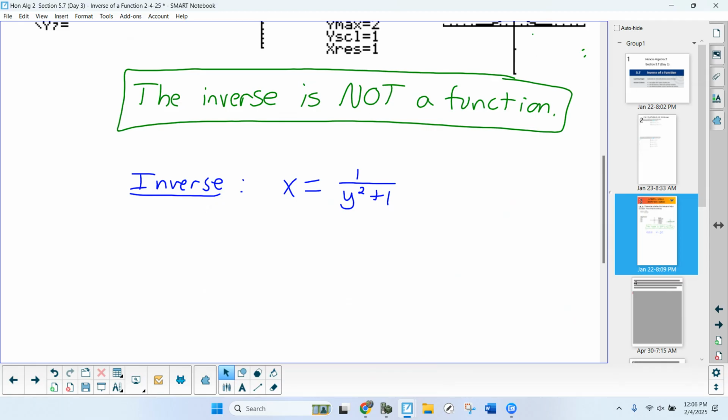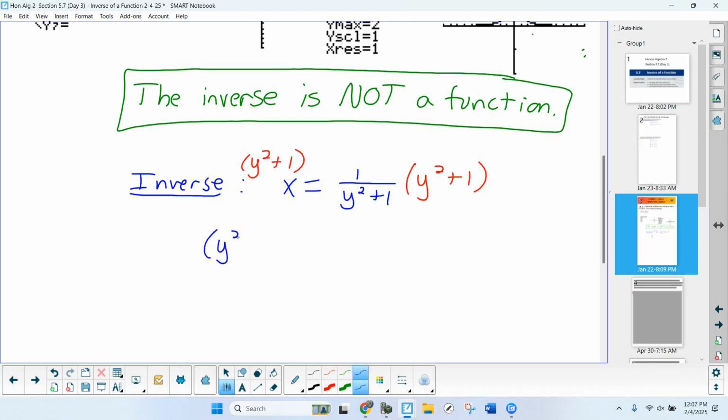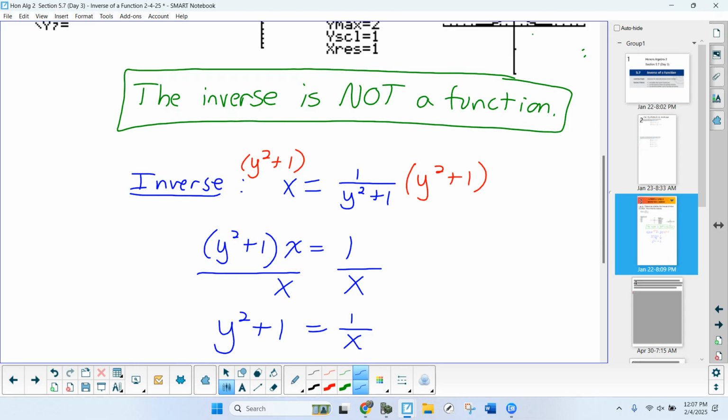I could multiply by y squared plus 1, and whatever you do to one side, you have to do to the other. So on this side, I get y squared plus 1 times x, and these cancel, and I get 1. Now remember, I'm trying to get y by itself, so let's get rid of x over there. How do I get rid of x? Divide by x. So I get y squared plus 1 equals 1 over x.